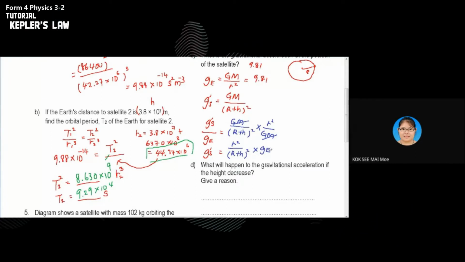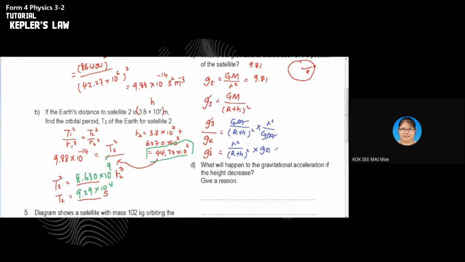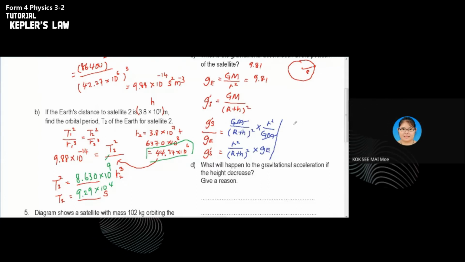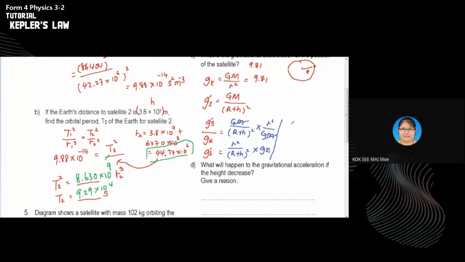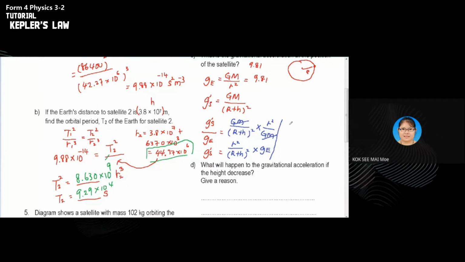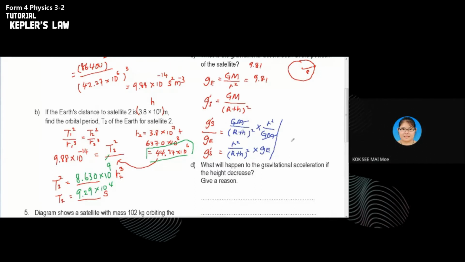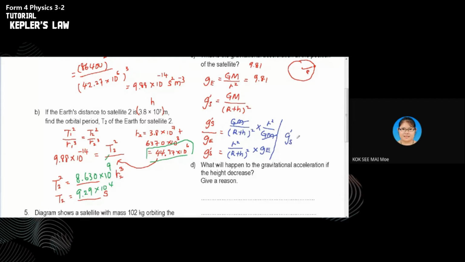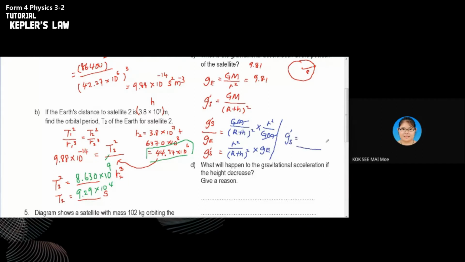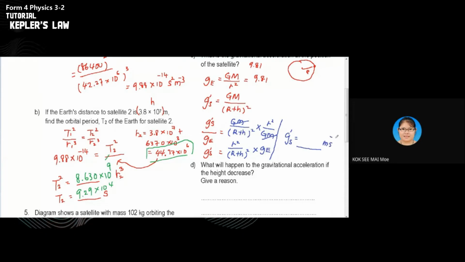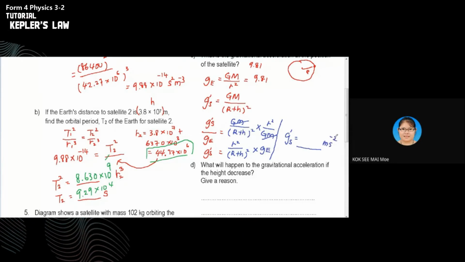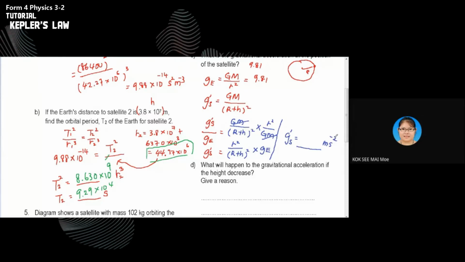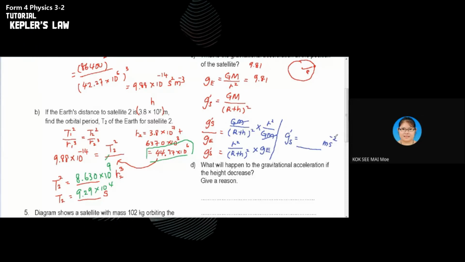Then multiply by 9.81. I want the final answer only. What is g_S actually? In m s^-2. Once you finish, give me the answer.